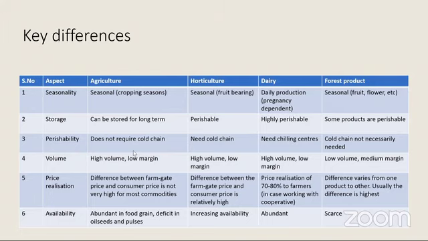So in case of agriculture produce like wheat or paddy, there is not a significant difference between farm gate price and consumer price. For products like basmati, there can be a variation, but in general the difference between the farm gate price and the consumer price is not really high.